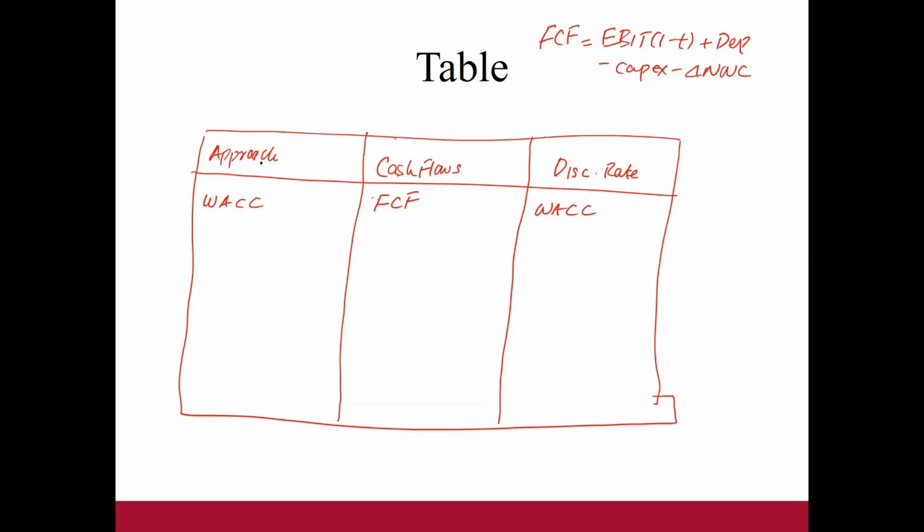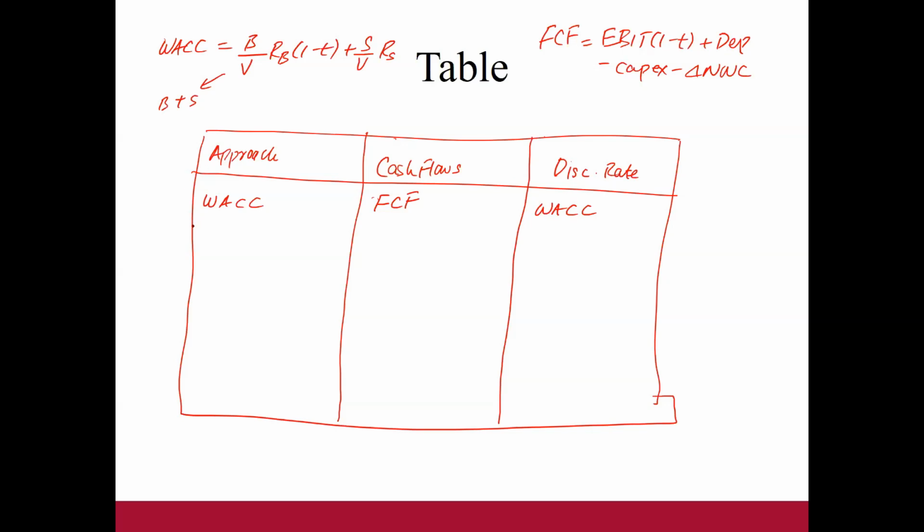So again, to remind you, WAC is calculated as B over V, where V is the value of assets, the sum of B plus S. So you do this times RB times (1 minus T) plus S over V times the cost of equity. Right? So again, the idea here is that you're accounting for both the cost of debt and the cost of equity, and any tax benefit that you get from the interest tax shields is accounted for by this 1 minus T over here. So this we know and love.